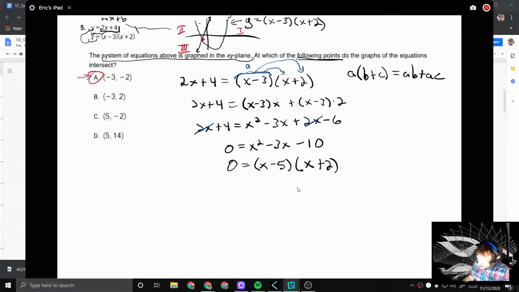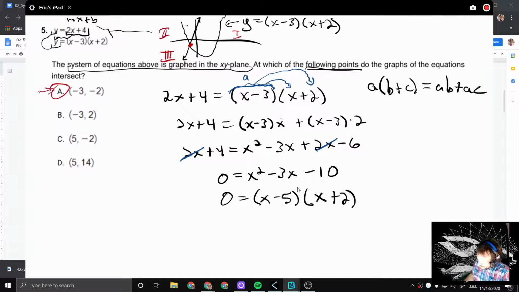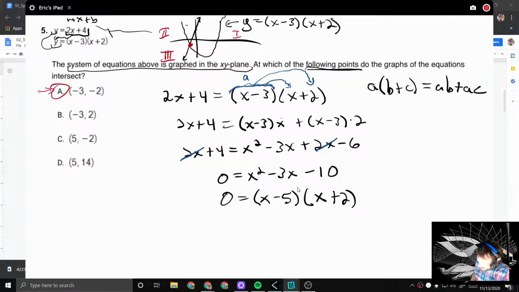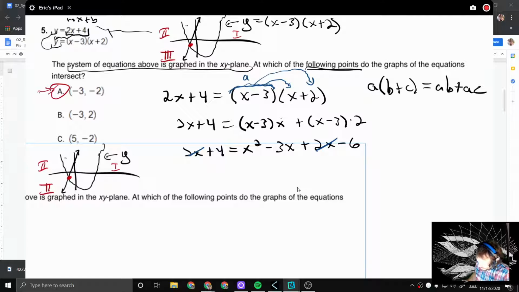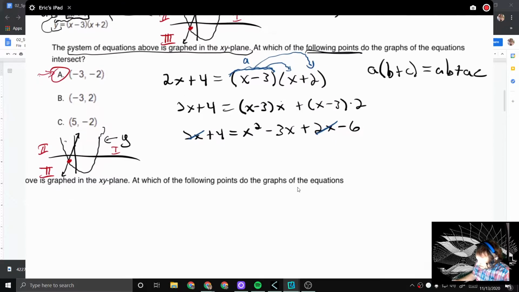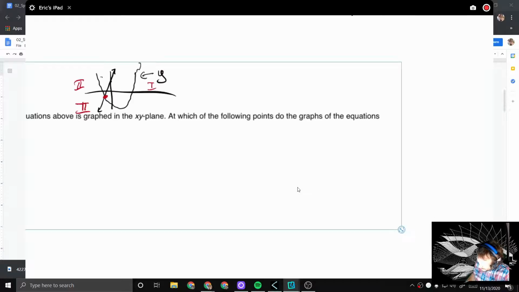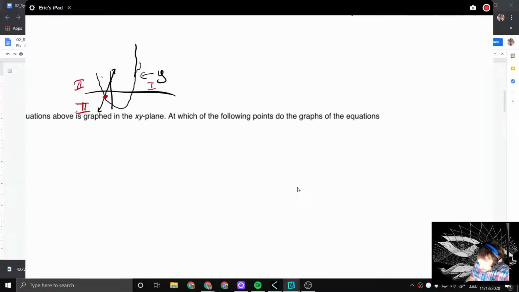What's going to happen over here if I continue my graph on? If I continue my graph on, they're going to intersect again.